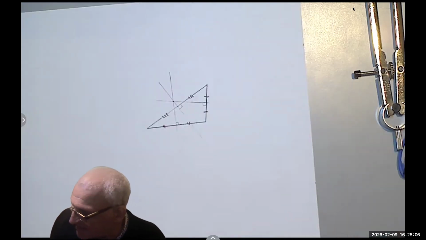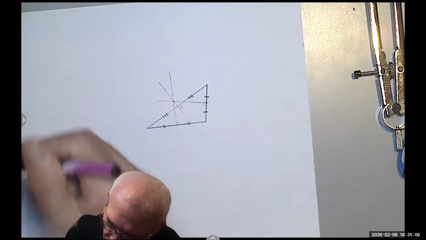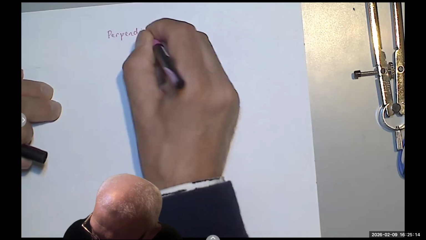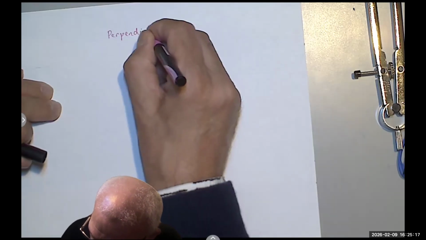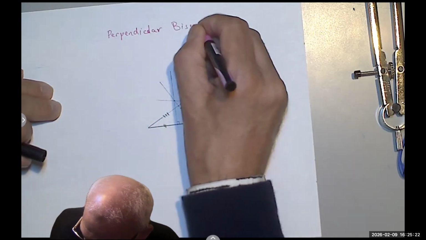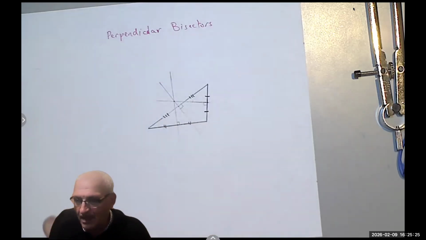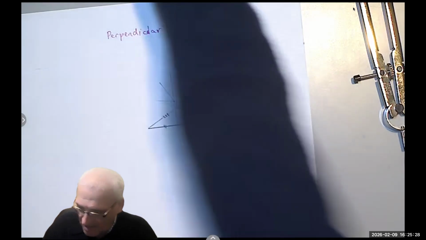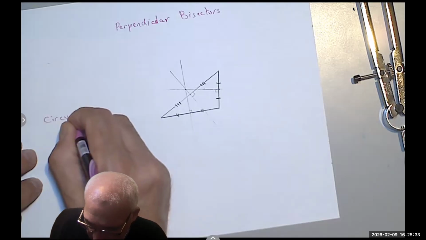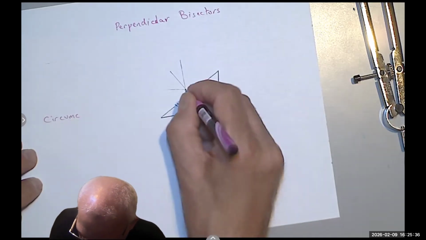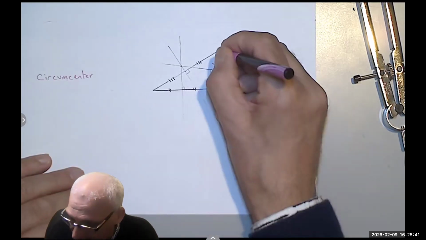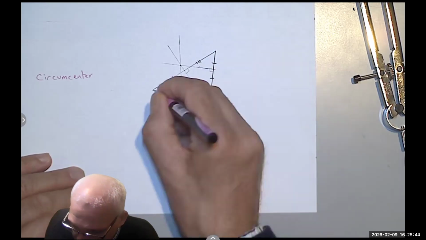We call that the perpendicular bisectors, and that will give me the circumcenter. This center where they intersect will touch the triangle at the three vertices.